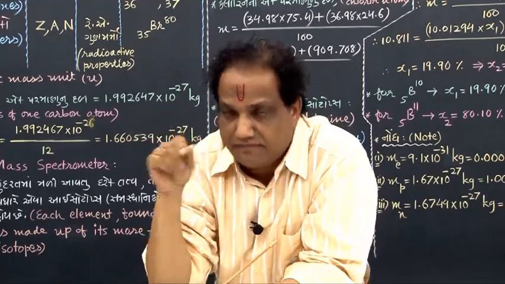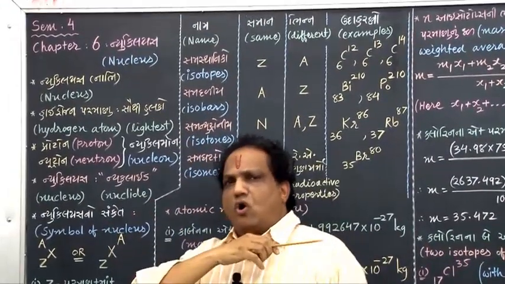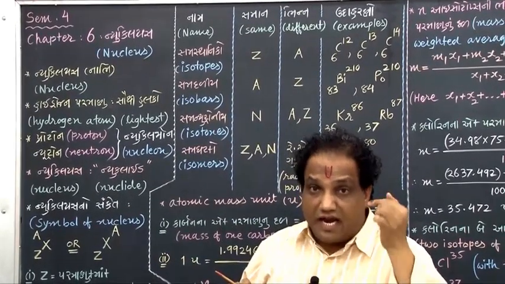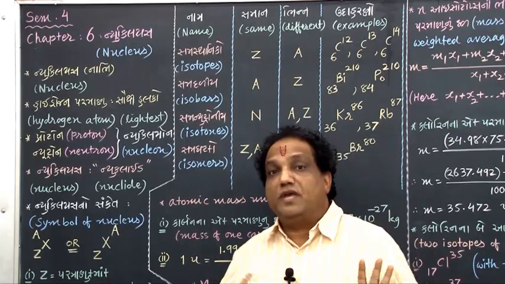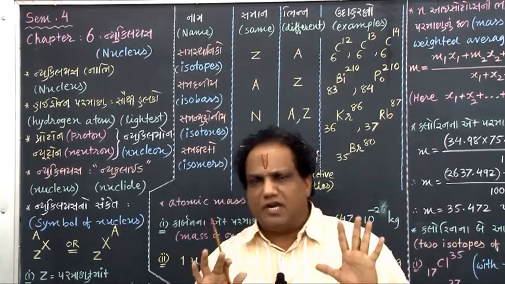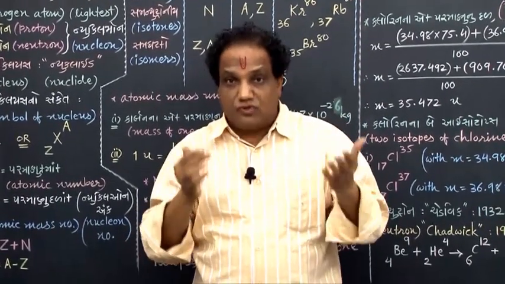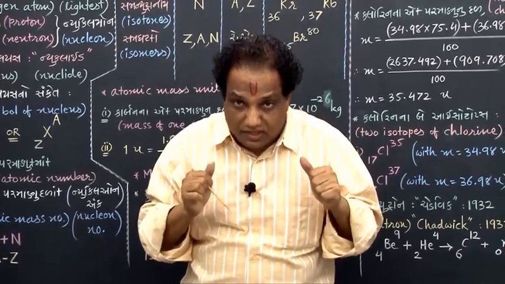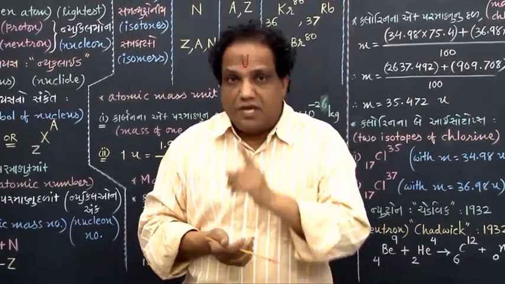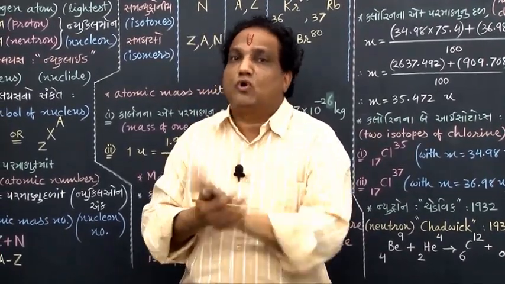Simple? Fine. Now, among the atoms of all different elements, which atom is the lightest? It is found to be the atom of hydrogen. Simple hydrogen, correct? We have isotopes of hydrogen whose atoms are heavier than hydrogen atom. They are deuterium and tritium. In the nucleus of hydrogen atom, there is only one proton.